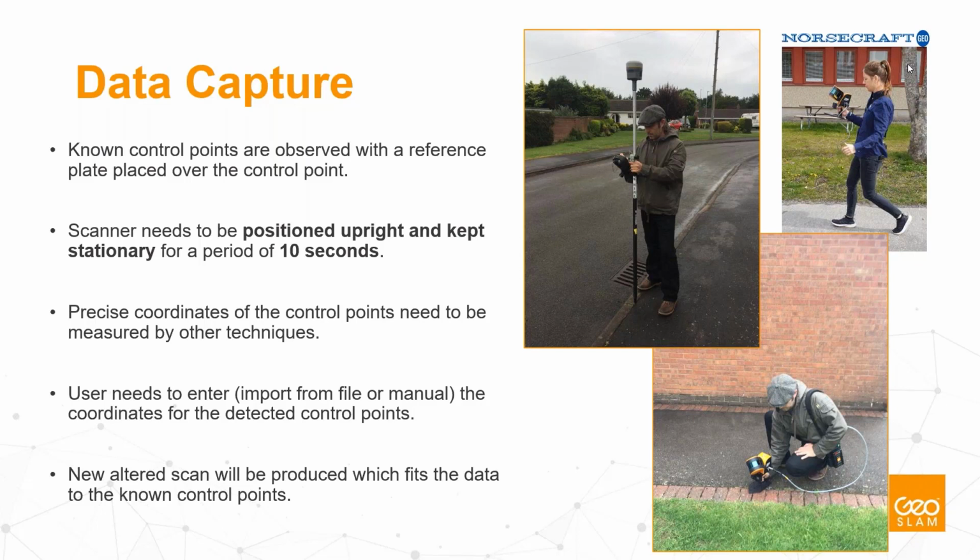Of course, I will show you the workflow, but here just mentioning that the user then needs to import or enter those files into the feature in the user interface, which is also integrated in Hub, and the new altered scan will be produced that fits the data to control points.